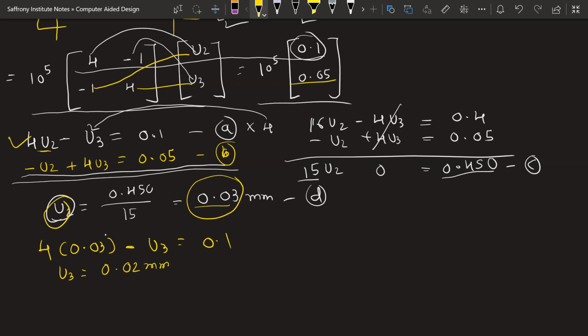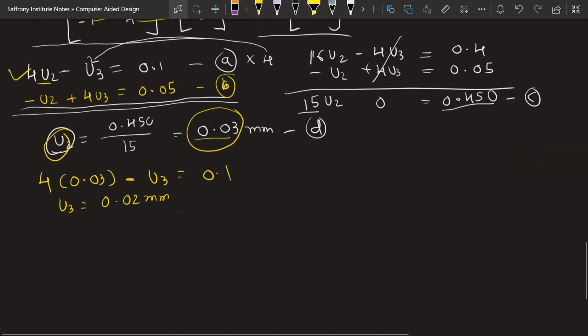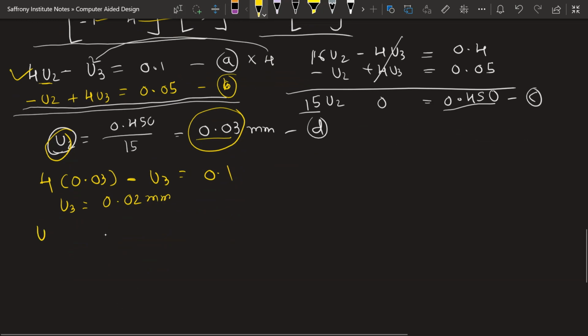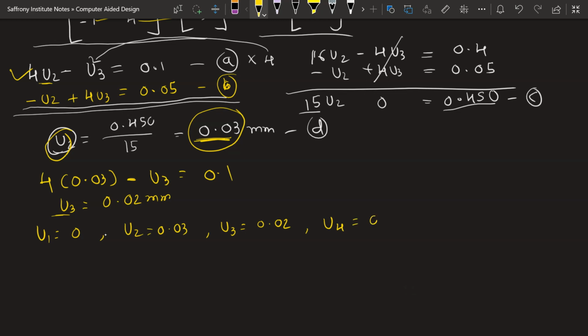Now the ultimate answer, which I wanted as a numerical answer: u1 was 0, u2 which I have received here is 0.03, u3 which I have received is 0.02, and the final u4, because of the fixed end, will be 0 mm in displacement.